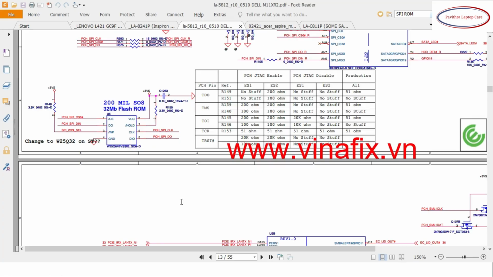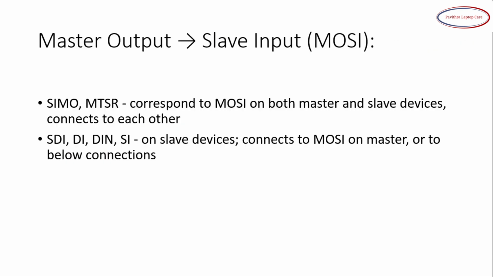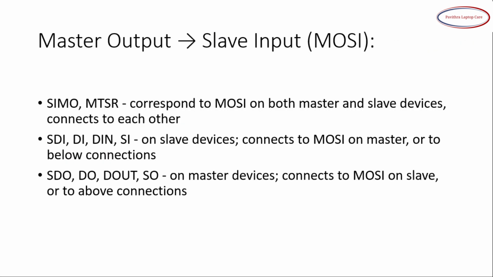Here I'll show you data output in this. The name DO, DI. These are the common names. It's a data input and data output. Slave devices, SDI, DI, DIN, SI on slave devices connects to master out, slave in on master.